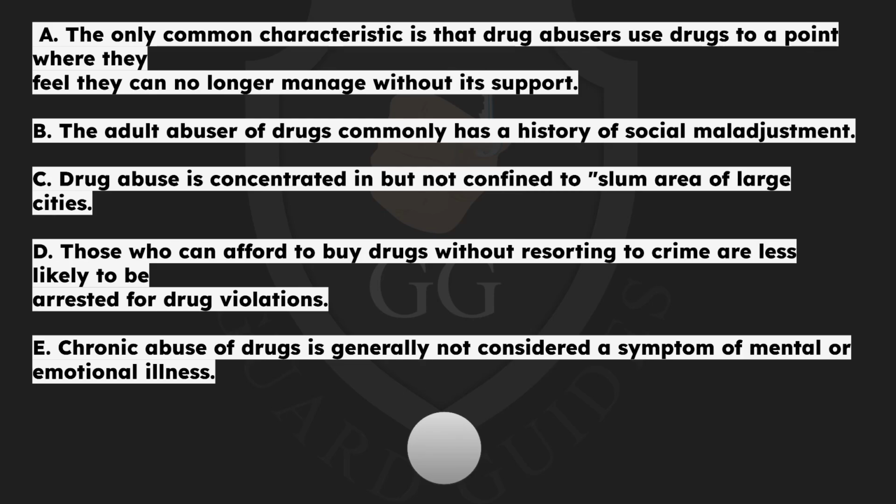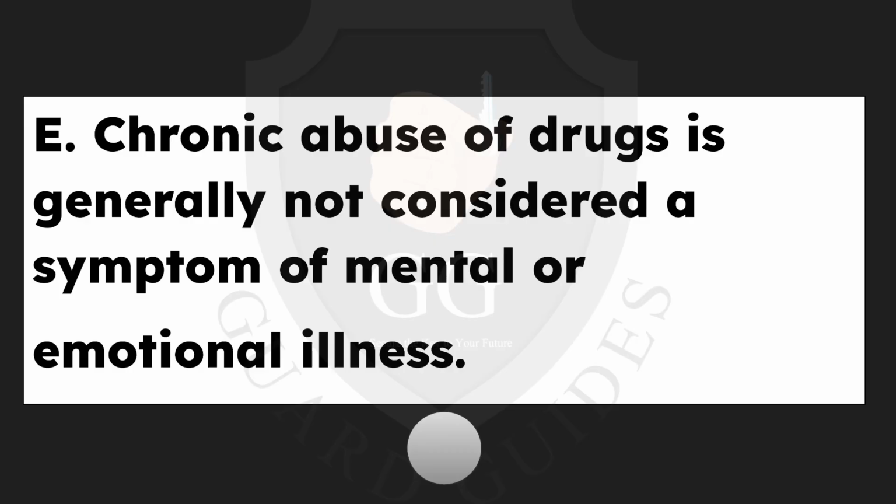C. Drug abuse is concentrated in but not confined to slum areas of large cities. D. Those who can afford to buy drugs without resorting to crime are less likely to be arrested for drug violations. Or E. Chronic abuse of drugs is generally not considered a symptom of mental or emotional illness. The answer is E. Chronic abuse of drugs is generally not considered a symptom of mental or emotional illness.